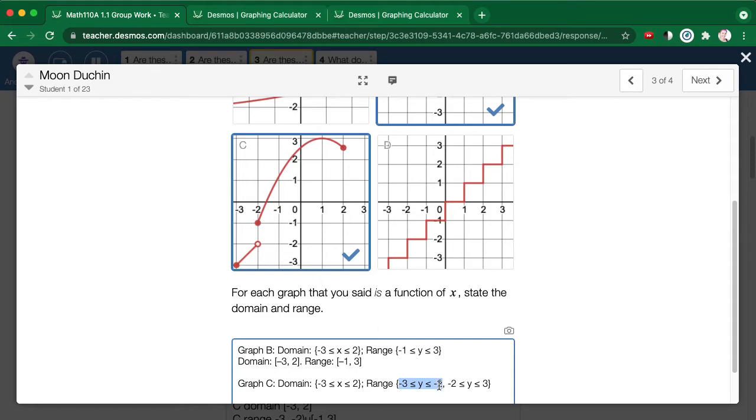I don't see them including -2 because there's no y value of -2 associated in that graph because of that open circle. So I would actually correct this range to be from -3 to -2, not including -2. And then I will put the union symbol.